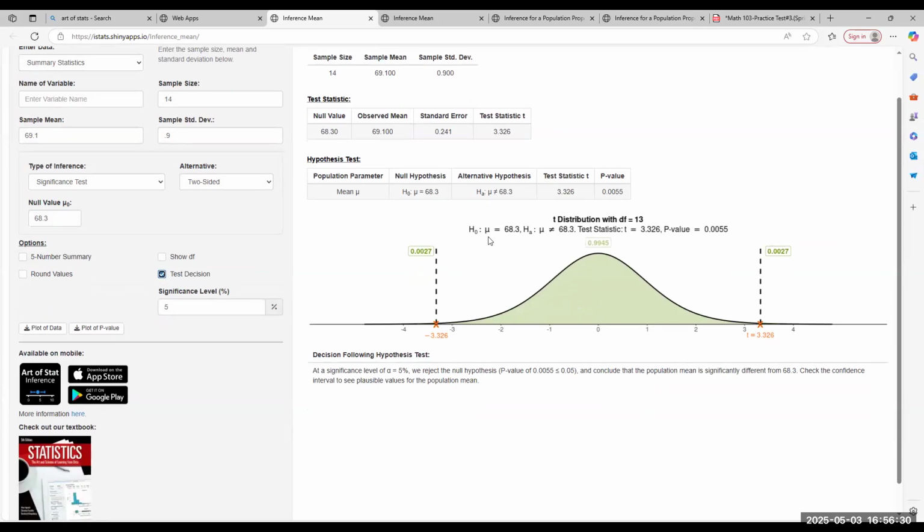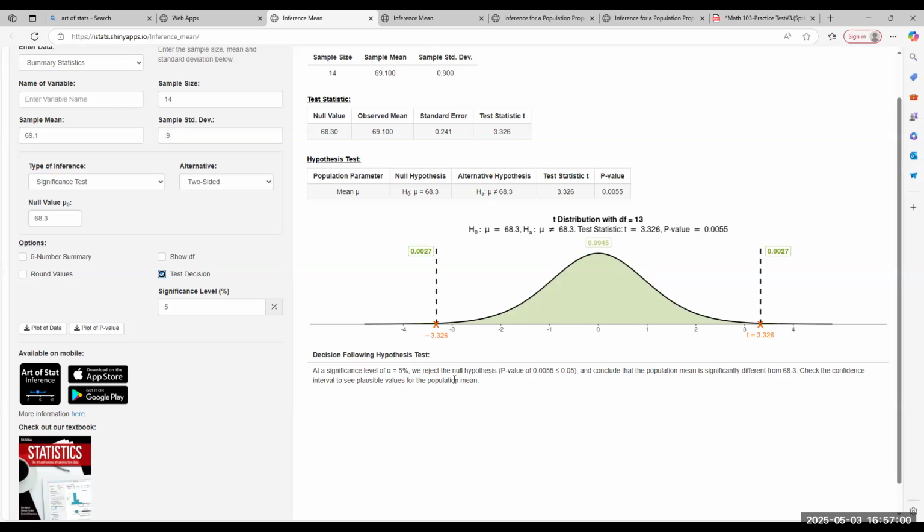You see nicely the tests that confirm your writing. You see H naught mu 68.3, that's H1, which is not equal to. You see the p-value, 0.000555. So you bring this p-value, you compare it with the alpha of 5%.